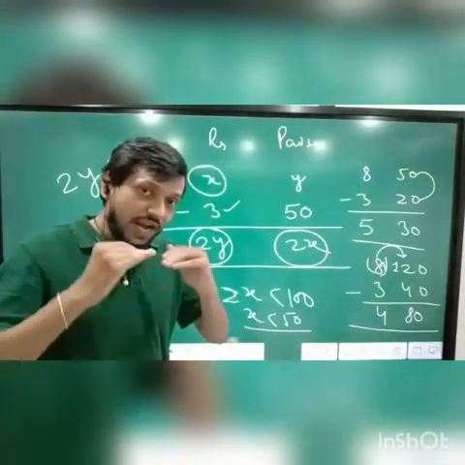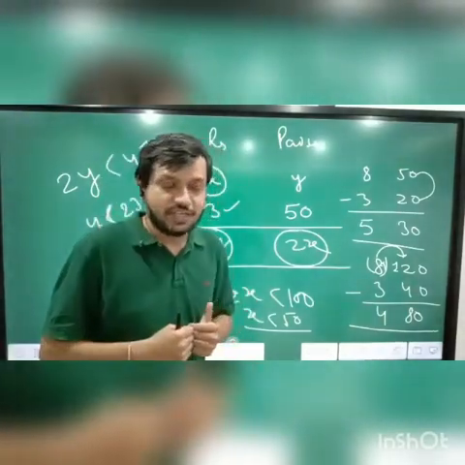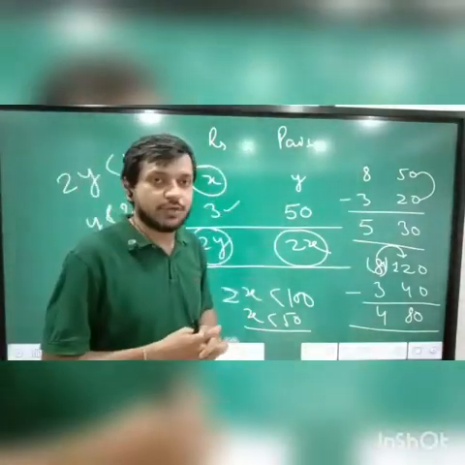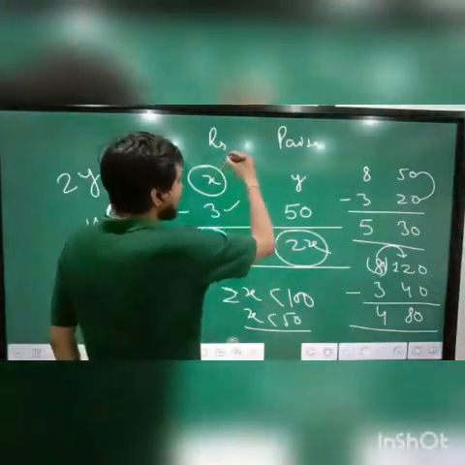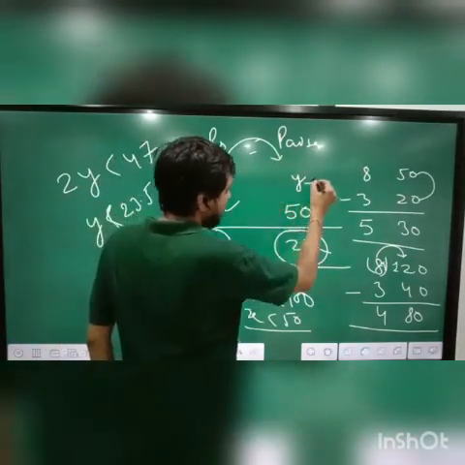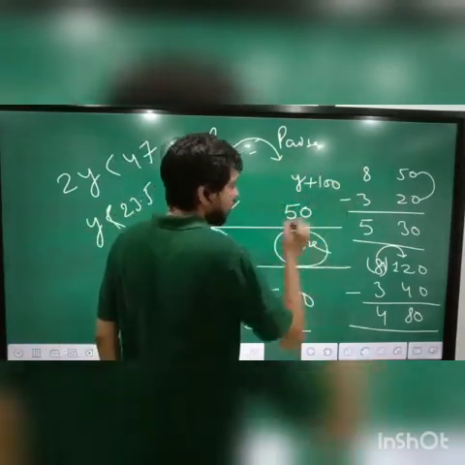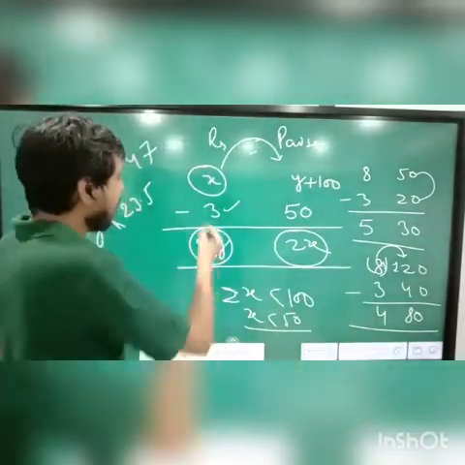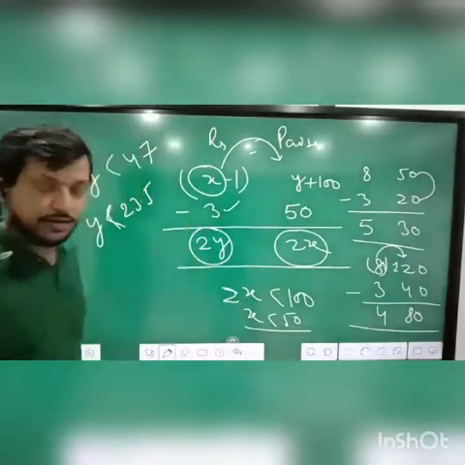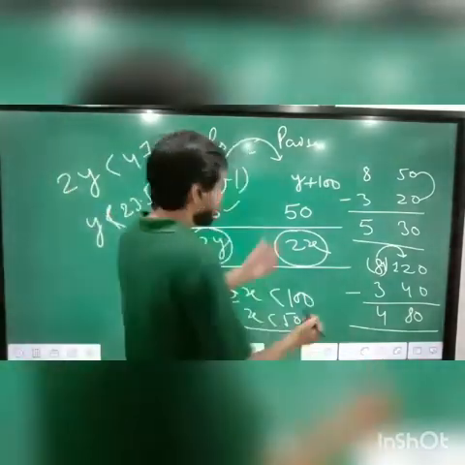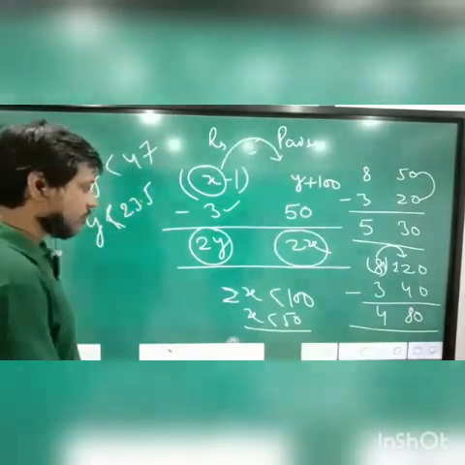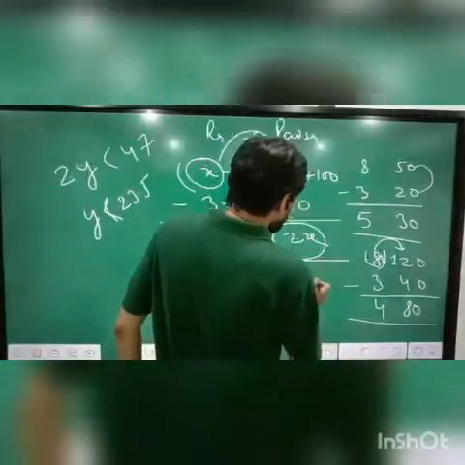Now I am sure that Y is less than 50. And if Y is less than 50, it means we will have to take a carry over. The moment I take a carry over, this side will become Y plus 100, because 1 rupee will bring 100 paisa, and this X will become X minus 1. Now this Y plus 100 is definitely more than 50, so now it becomes very easy to solve.